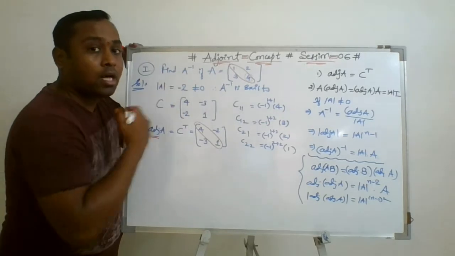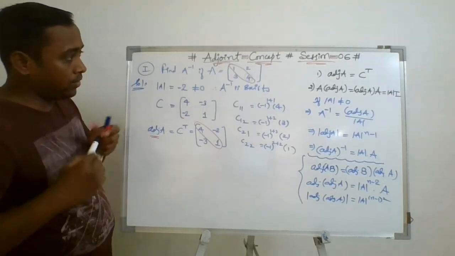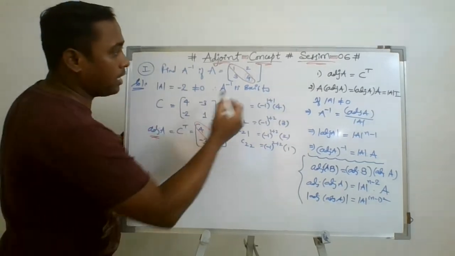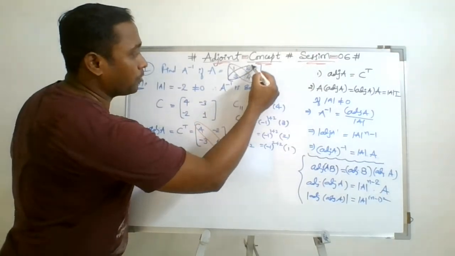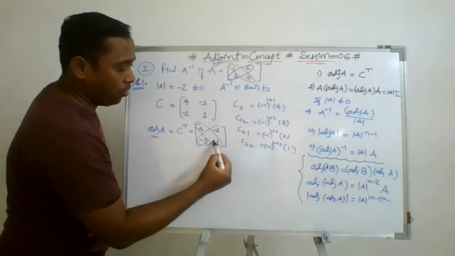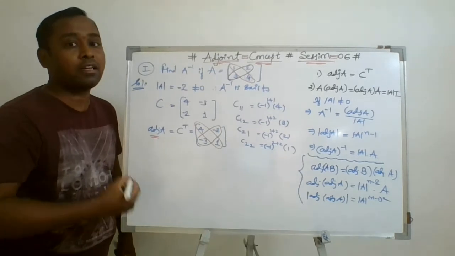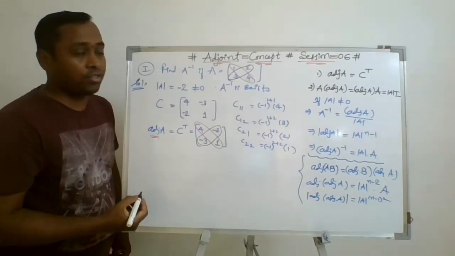And what happened to the other diagonal elements? You can see the other diagonal elements are 2 and 3, and what we got is minus 2 and minus 3. Only the sign is changed.